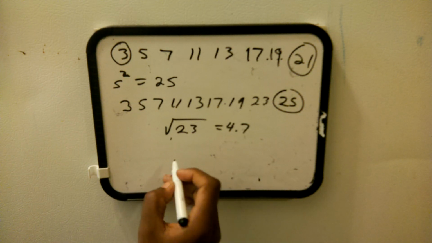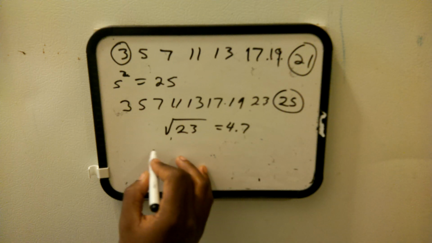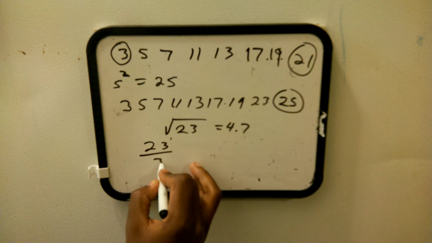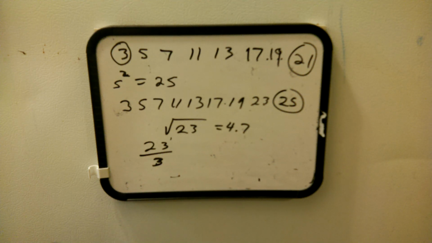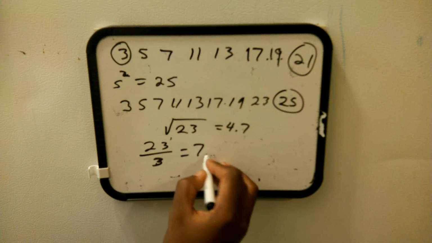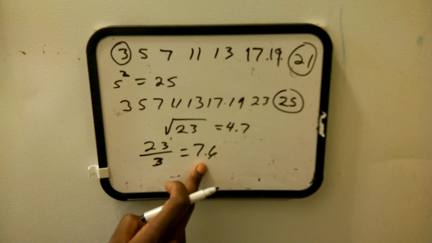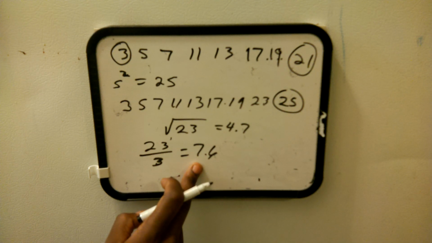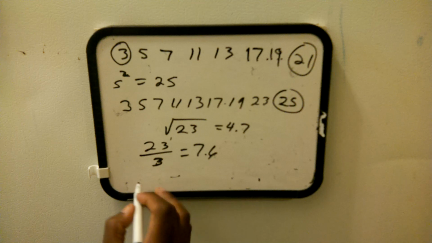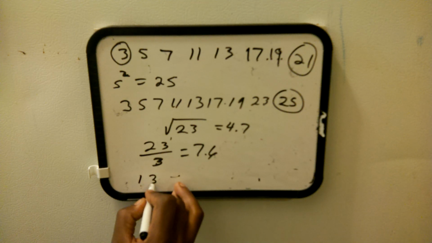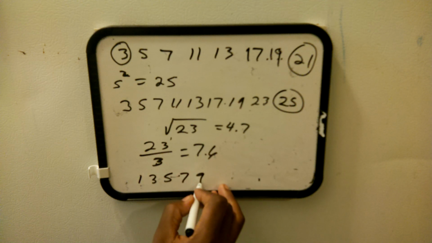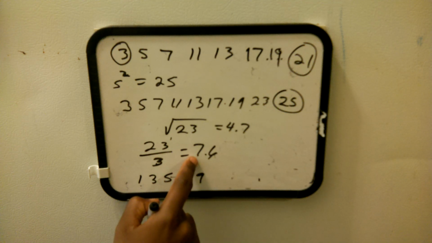So take 23 divided by 3, and you get 7.6. Now we need to find the next odd number. What's the next odd number in line? That'll be 1, 3, 5, 7, 9. So the next odd number after 7 is 9.